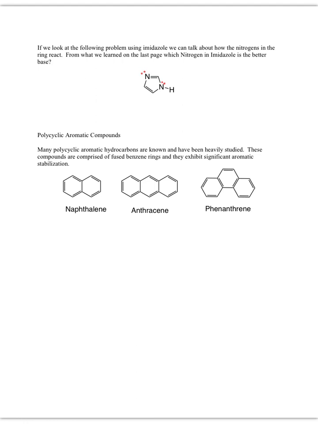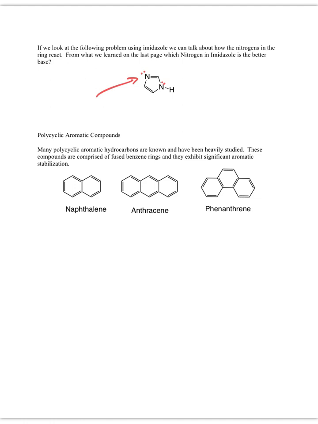So it is not used in the aromaticity. So if we were to add imidazole as a base, it would act as a base at the lone pair that's not used in the aromatic system.